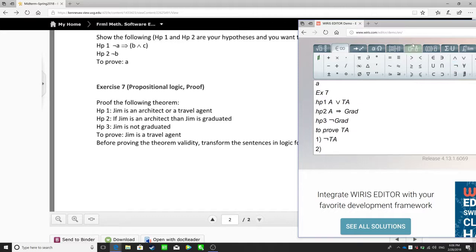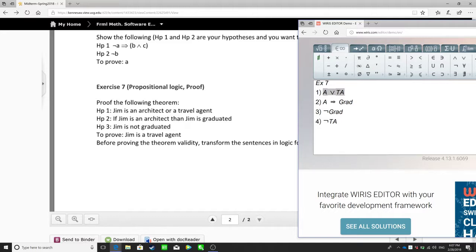Then we have all those things. Okay, so TA is not true. We have all those, A or TA. Then from TA is not true, TA is false, based on this OR 3, right?